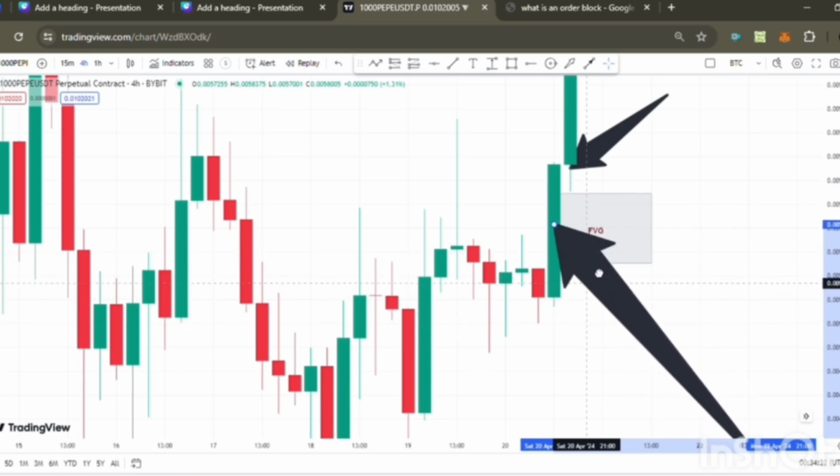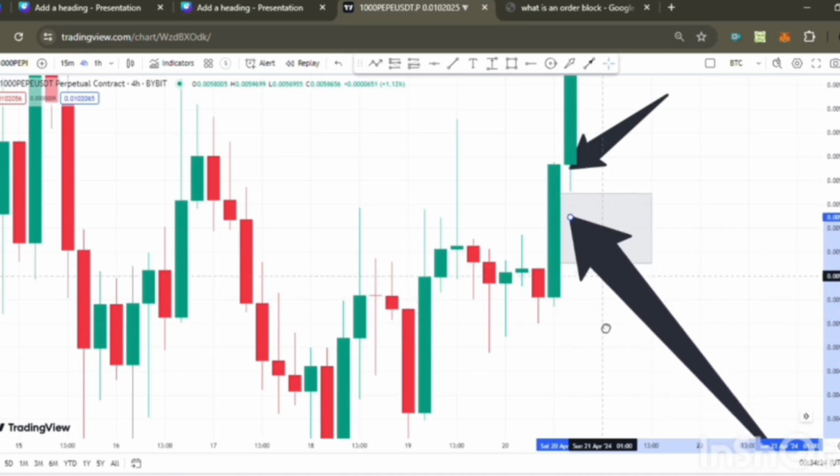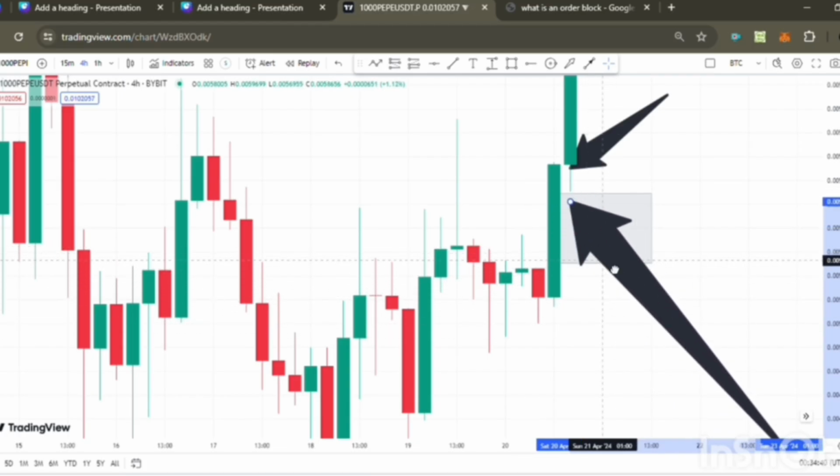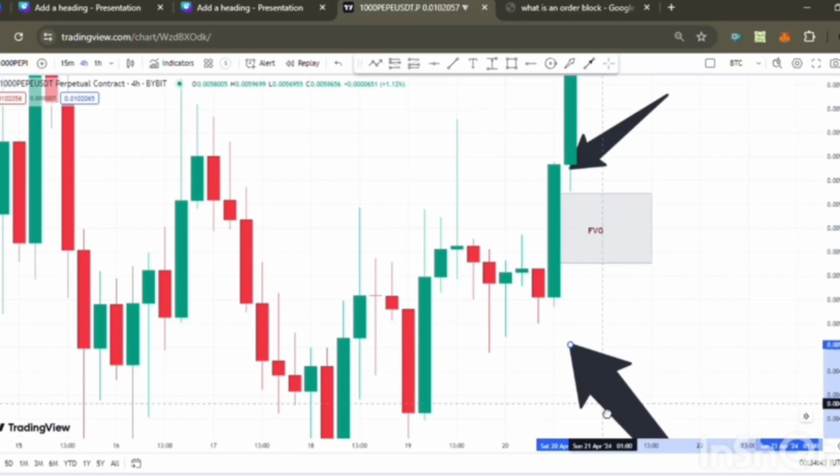It must not cover that candle. That is to say, it is unmitigated. So it must not mitigate. Do you understand? It must not mitigate.